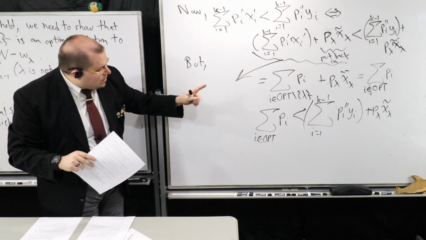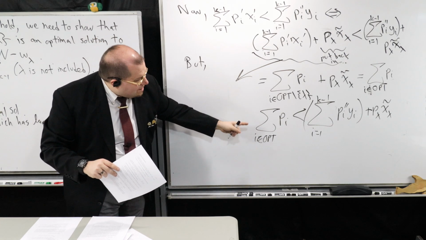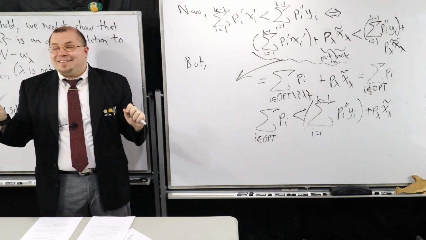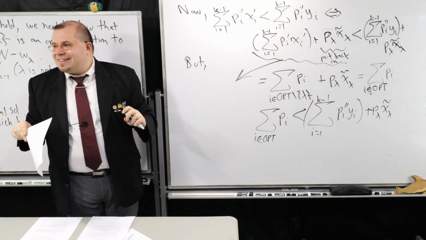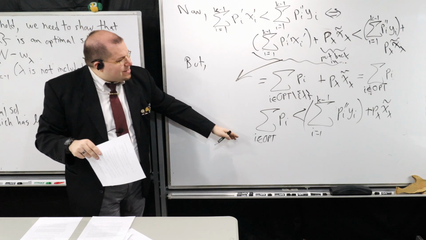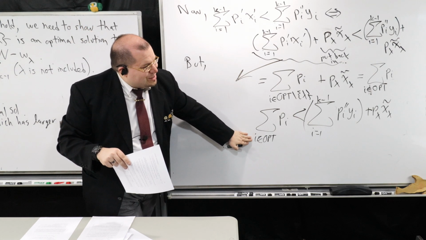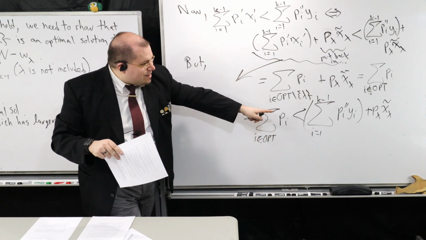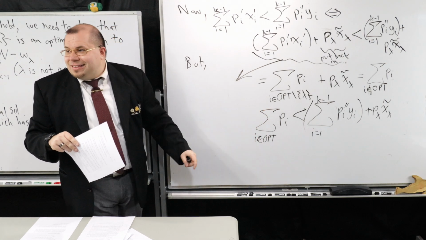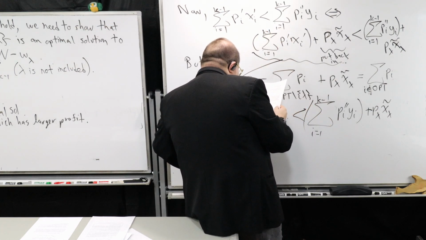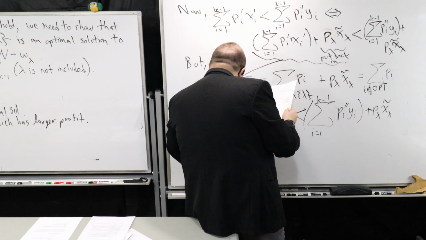Can it be true that the value of the optimal solution is less than whatever this thing is? Yes or no, everybody? Can this be worse than an optimal solution? The answer is this is an optimal solution. That can't exist, right? This presumption is just wrong, which is a contradiction.